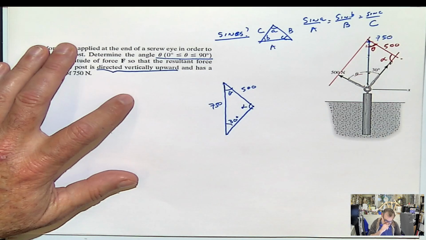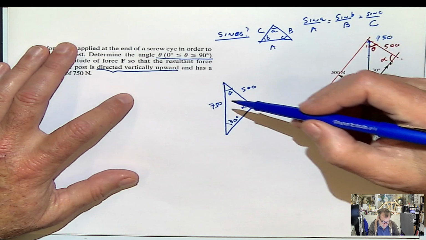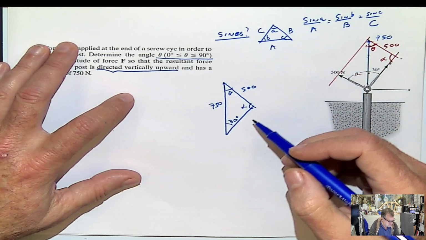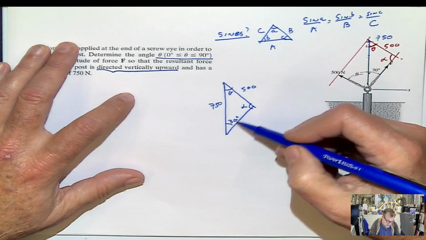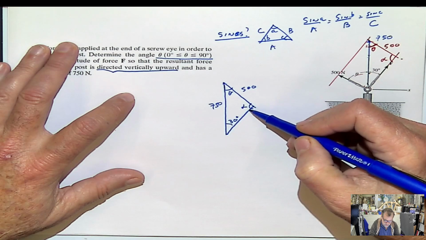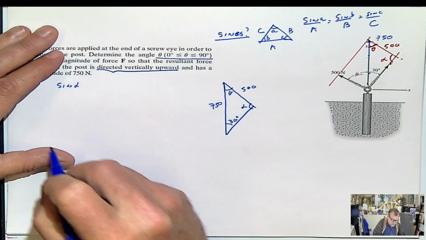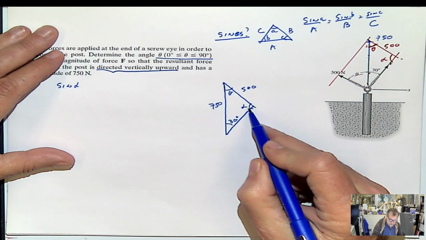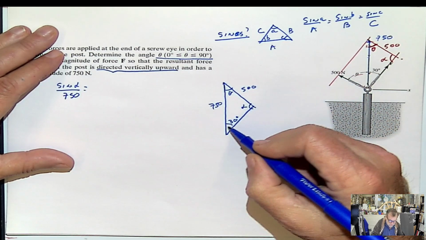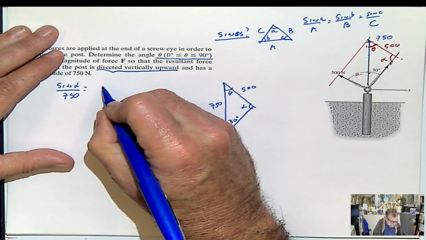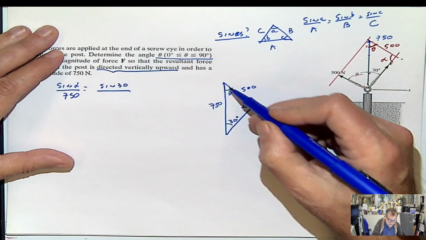Well, I guess that in this particular case, I have sufficient information because I have this side, 500, and I have this angle, and I have this side, and I can calculate this angle, alpha. So let's do that. I can say sine alpha divided by 750 has to be equal to sine of 30 divided by 500.